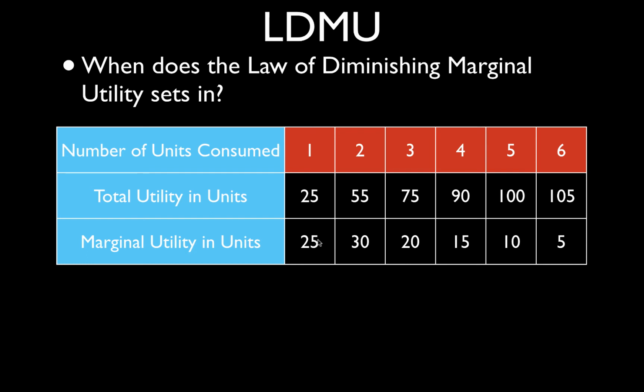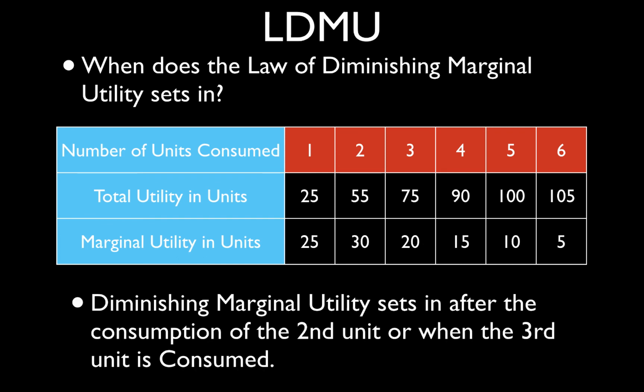And this is fine, it can absolutely go up, but the law says that eventually the extra satisfaction gained from each extra successive unit consumed will fall. So the marginal utility went up from the first to the second good, but going from the second to the third, the marginal utility has actually fallen.